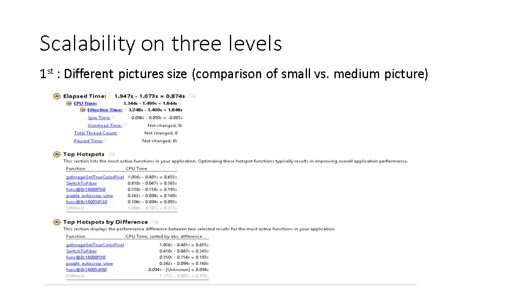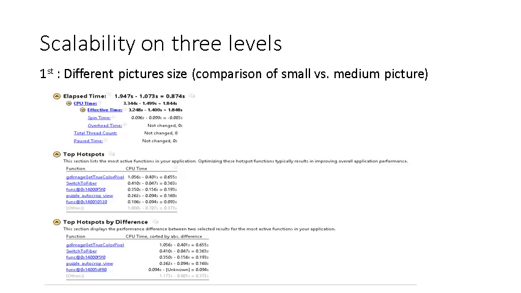Here we can see the difference between CPU and elapsed time shows the amount of parallelism that we have. In the small picture size we have a difference of 0.5 at most, and here we have a difference of more than 1 second.